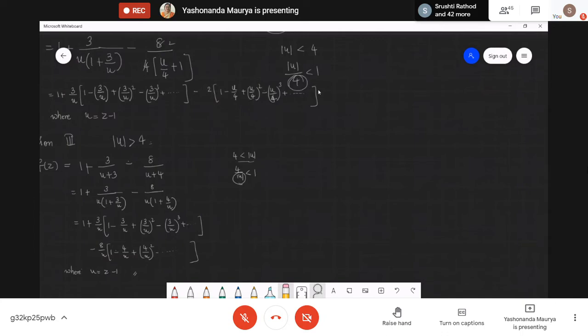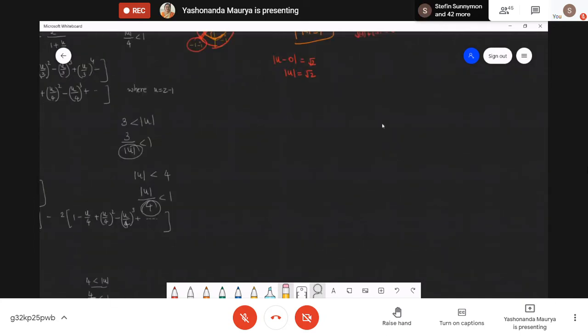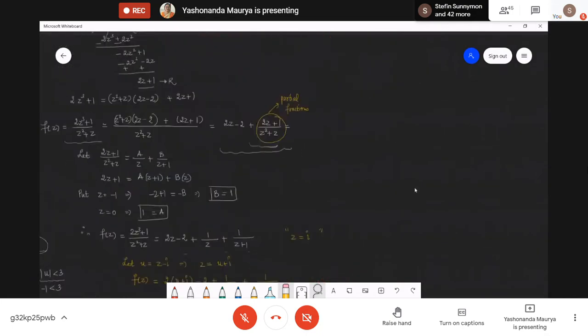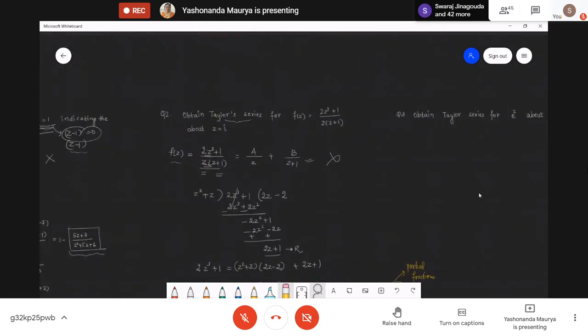Okay, now again come back to this question. Here what is being asked is to find the Taylor series expansion. Now what do we mean by Taylor series expansion? Whenever we are writing the expansion of the function over here, what do we expect? That f of z will have positive powers as well as negative powers.